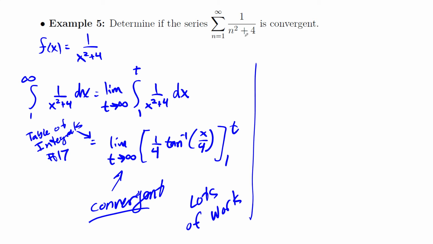Now I want you to think back to our work with sequences for a moment. Is there anything from our work with sequences, when we were trying to determine convergence and divergence, that might help us here? Maybe pause it for a moment and think about that.